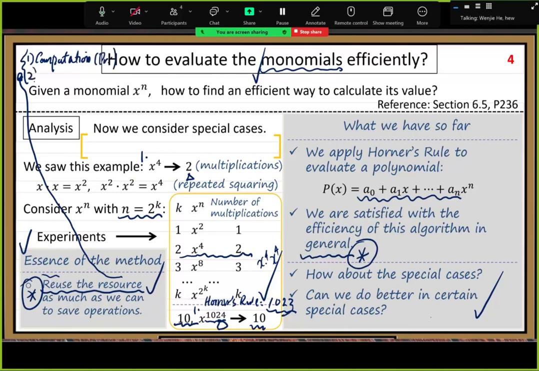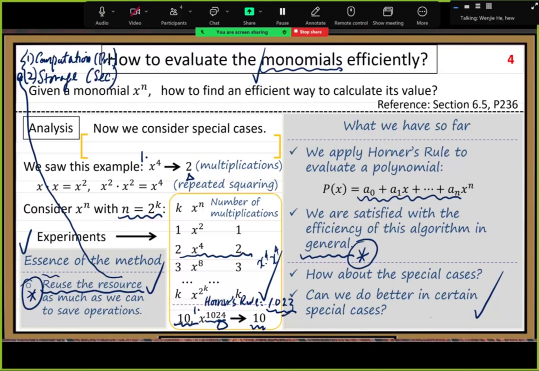The second type is the storage resource, memory storage space. That's also a resource, but it is secondary. Not as important as the primary resource, but also an important consideration.